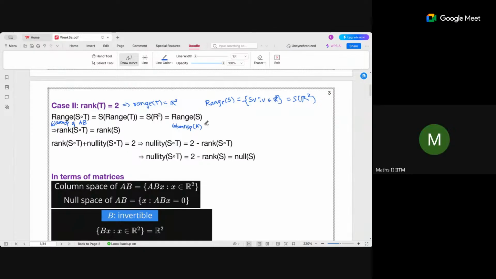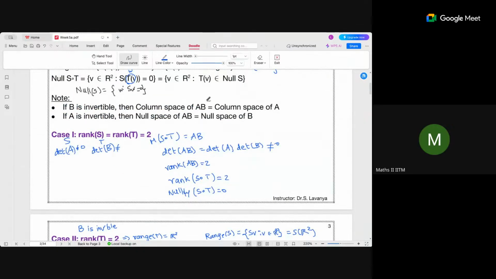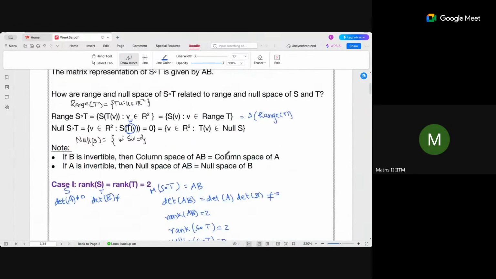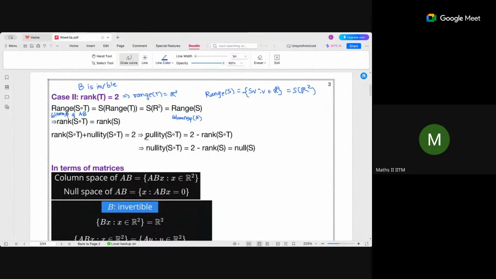Column space of AB is same as column space of A under the condition that B is invertible. So do you see how we got this property here? If B is invertible, column space of AB is same as column space of A. Fine. We have just used some basic definitions here, nothing much.